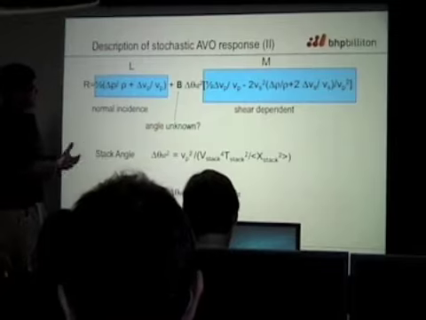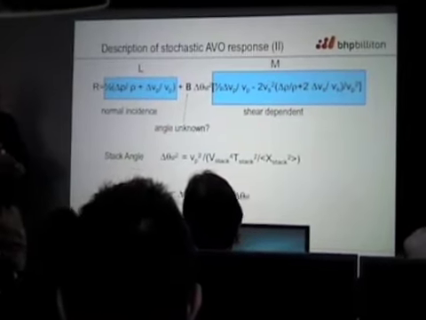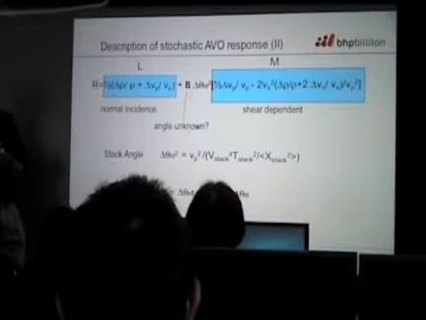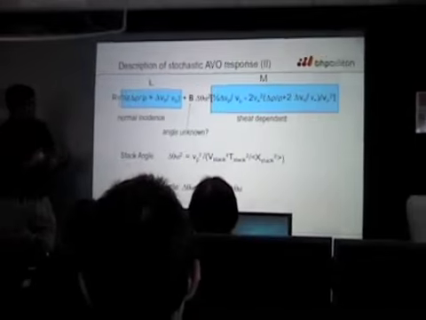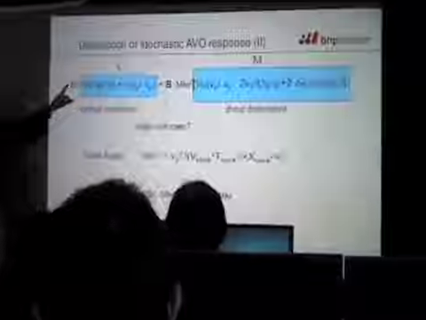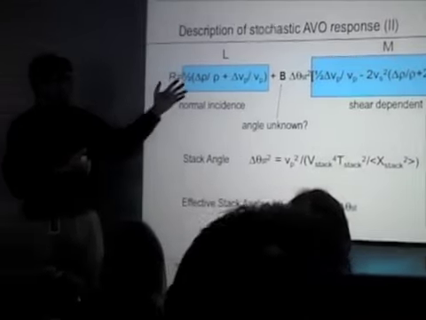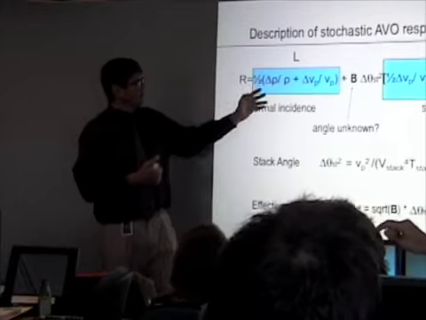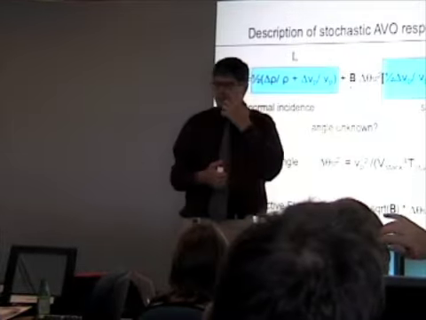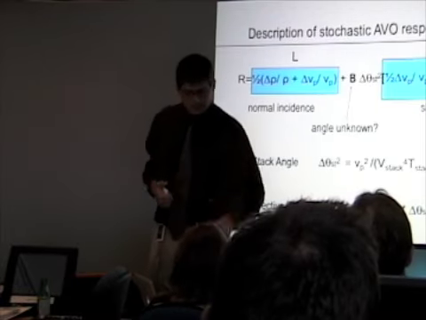Once we have the VP, VS, and density of both the shale above as well as that laminated mixture, we can then form the reflection coefficient, both for normal incidence or a near stack, or a larger angle of incidence, what we normally call a far stack, using this formula.